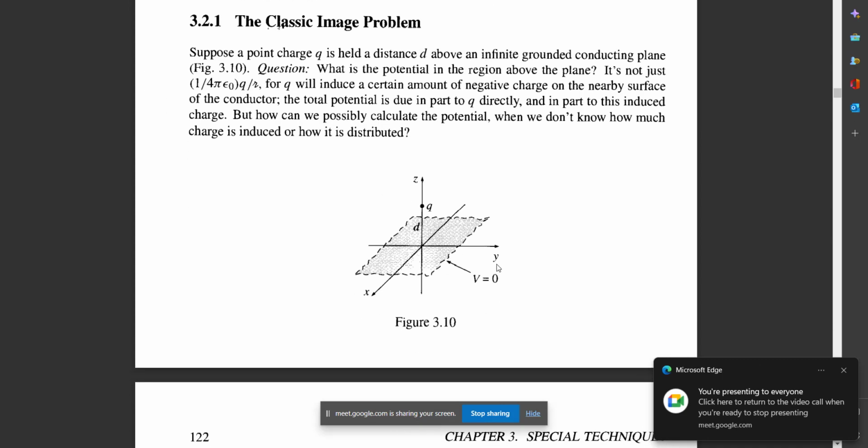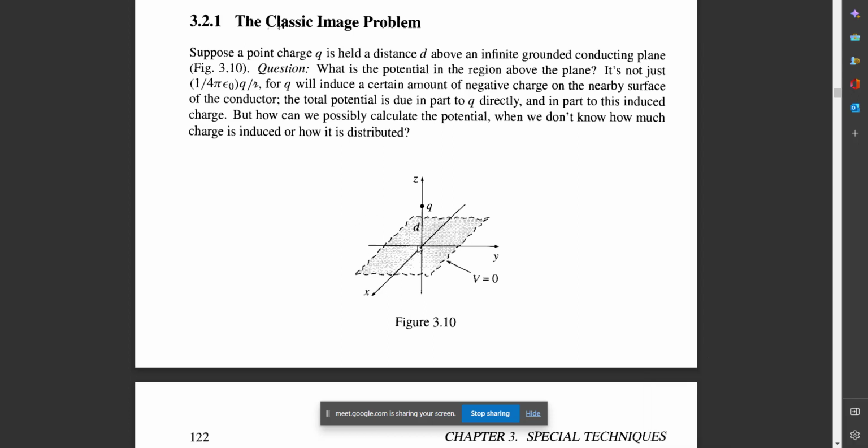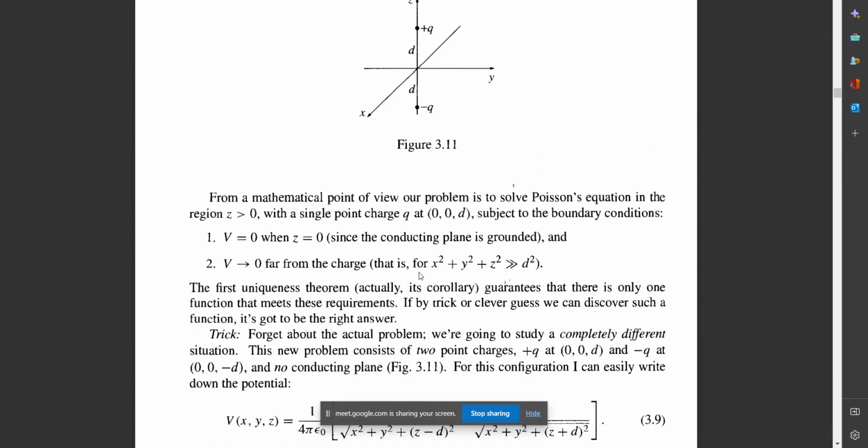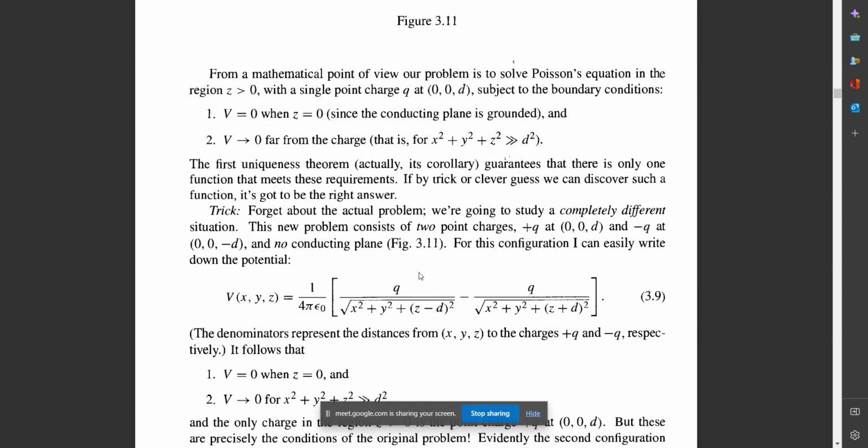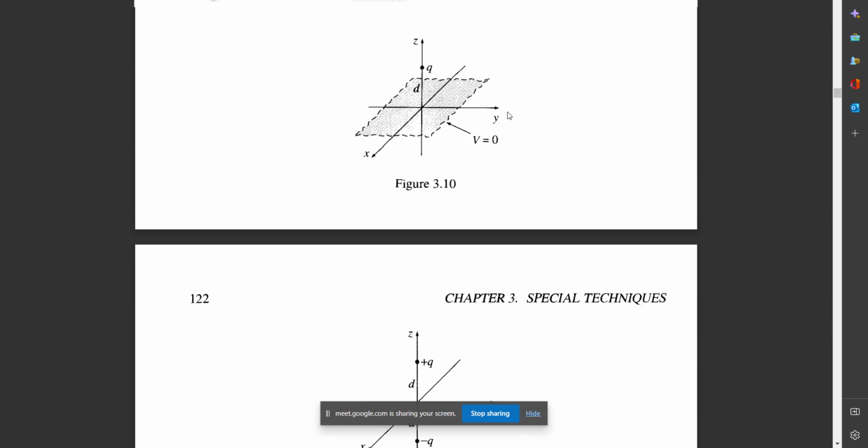In method of images, a point charge q is held at distance d above an infinite grounded conducting plate. If it is asked what will be the potential, how are you going to find it?